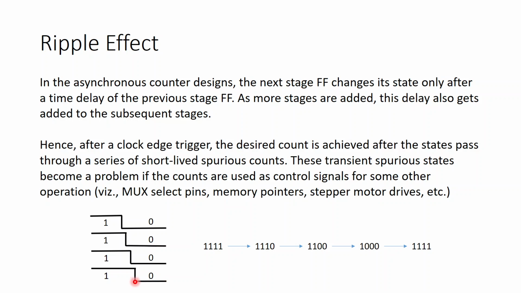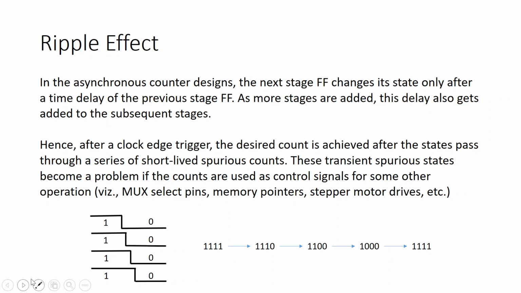What happens then? To change from 111 to 000, the count is basically going through 1111, then 1110, then 1100, then 1000, then 0000.